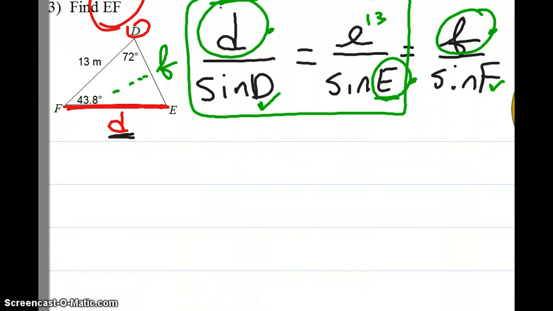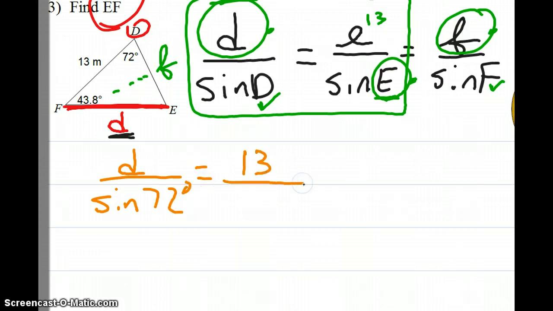So we've got to go back to doing a little geometry. And what do I mean by that? We know that D is equal to 72. We know side E is 13, but we don't know angle E. Oh, but we really do, because we know all triangles have 180 degrees.